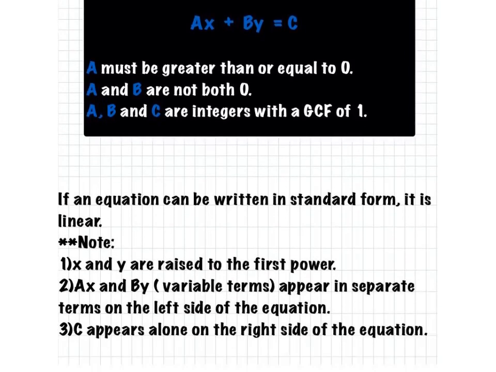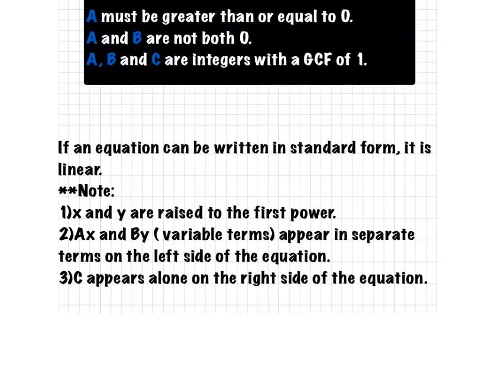Okay, let's continue. A few things that you need to be aware of. If an equation can be written in standard form, it is, by definition, a linear equation. Note these 3 things. In standard form, the x term and the y term are raised to the first power.